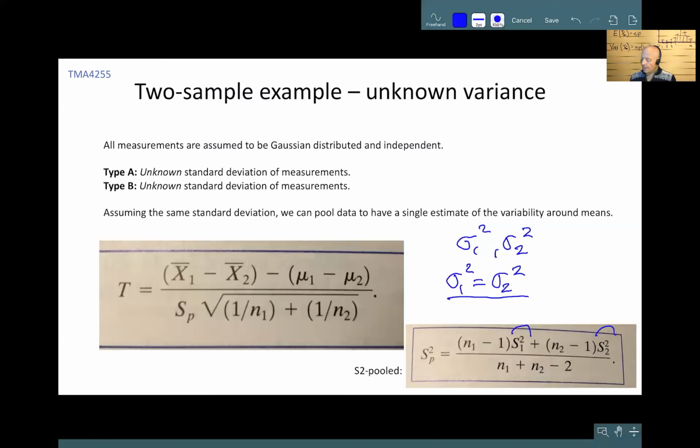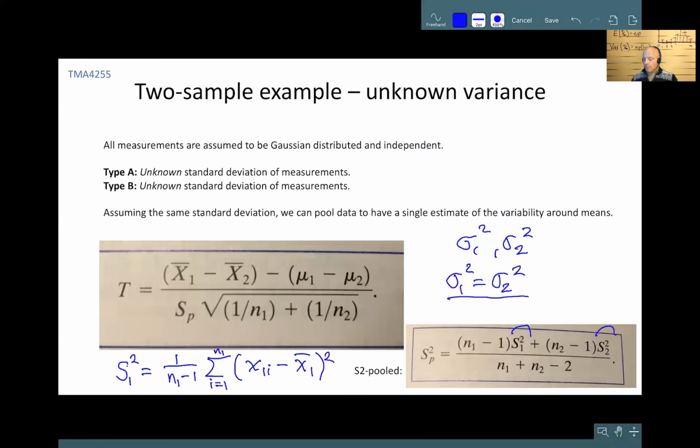And what is the sample variance here? The sample variance in group 1 is then the average over the samples of the distances from the mean in that group.